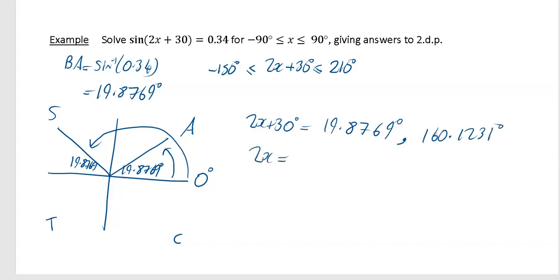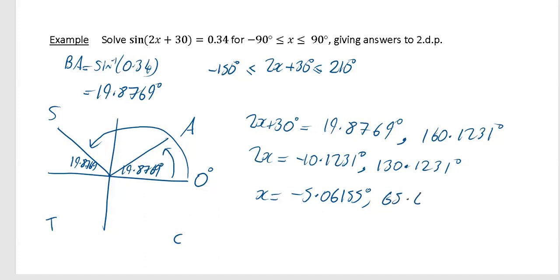Then do a wee bit of working out, take the 30 away first, you're going to get minus 10.1231 degrees, and for this one you're going to get 130.1231 degrees, and your last step then is just divide through by 2, you're going to get minus 5.06155, and over here you're going to get 65.06155, and then I have to do these to 2 decimal places, so minus 5.06 degrees, and this one's going to be 65.06 degrees, and that's the 2 decimal places.